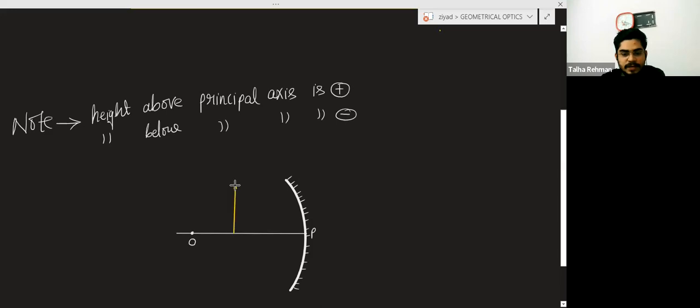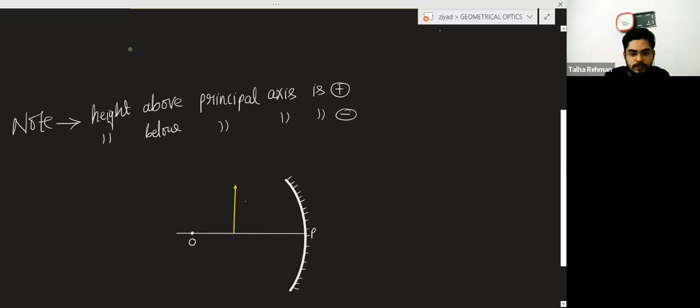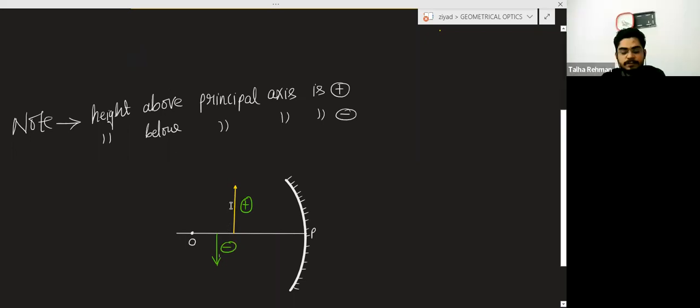So if the height is like this, it will be considered as positive. If the height is like this, it will be considered as negative. Below the principal axis, negative. Above the principal axis, positive.